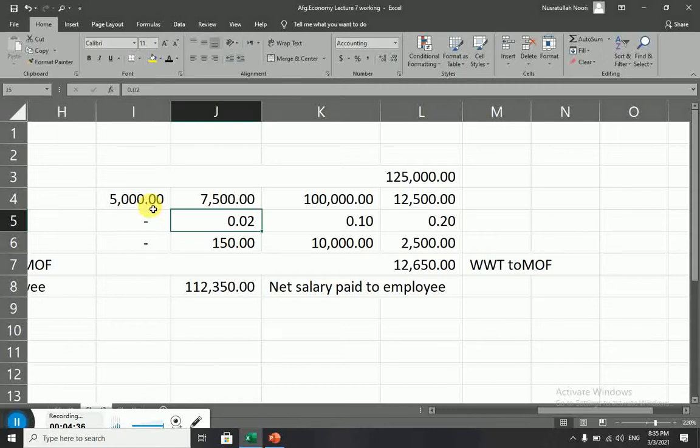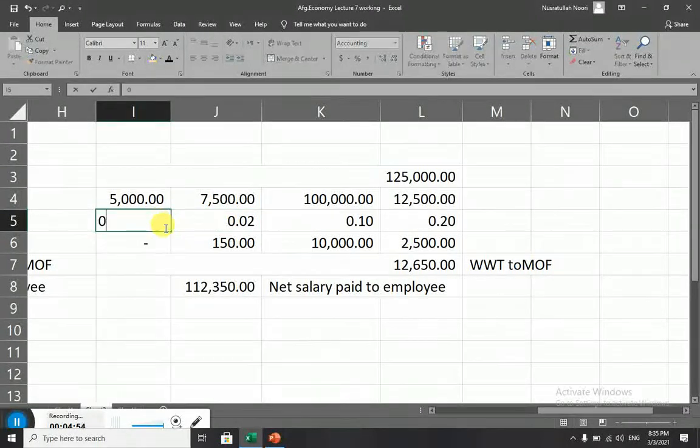It's tax exempt, so we have to deduct that exempt part. So we write 12,500 minus 5,000, and the remaining is 7,500, and we calculate 2% tax on that.